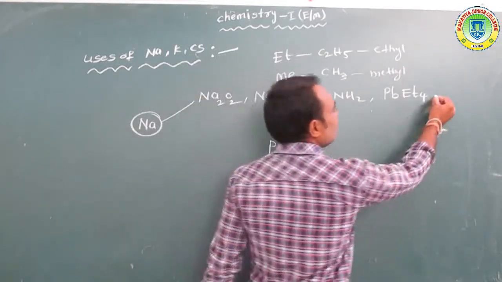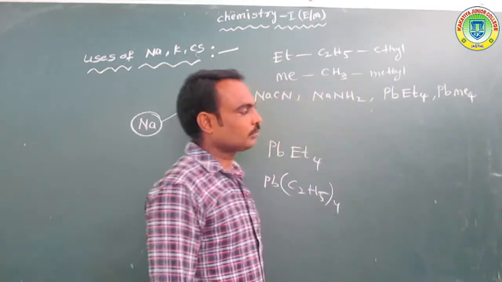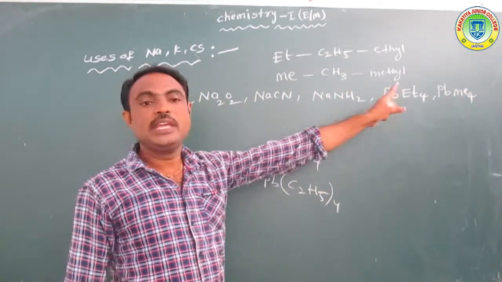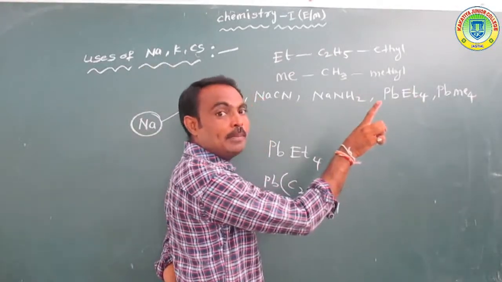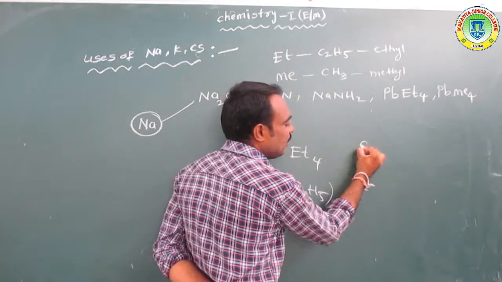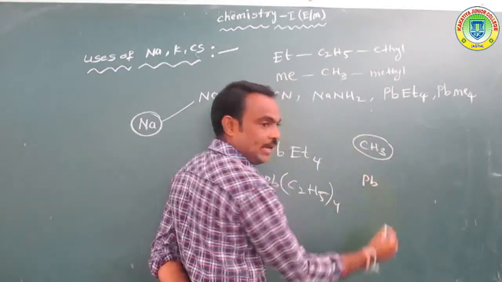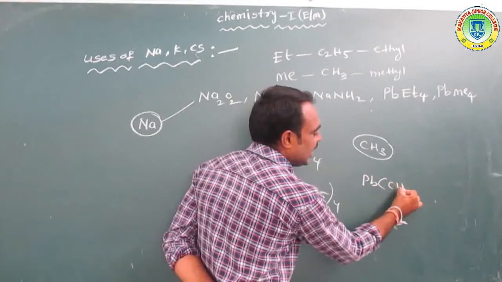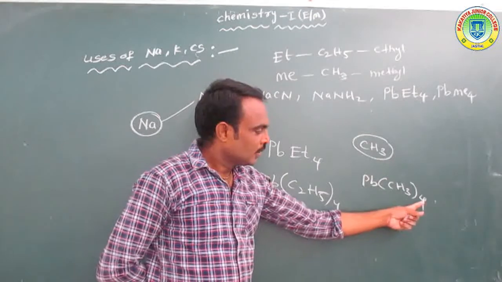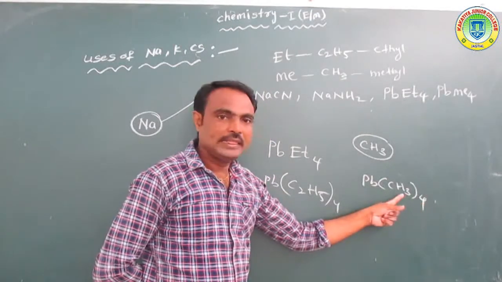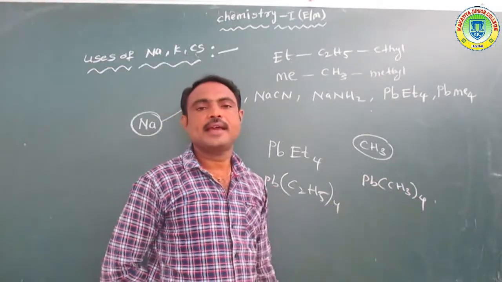At the same time, PbMe4. PbMe4, what is the Me? Methyl, just like CH3. Pb(CH3)4 is tetramethyl lead. Okay, tetramethyl lead.